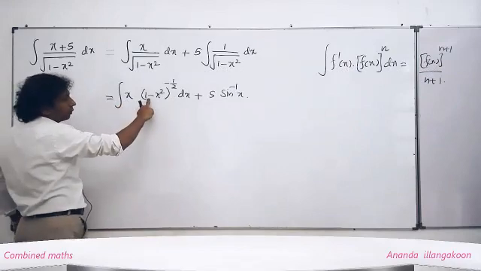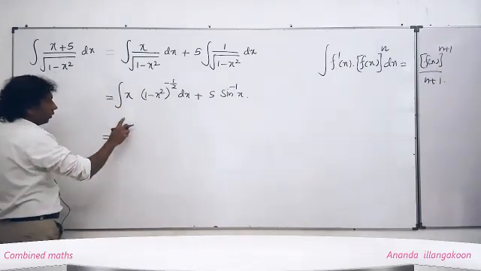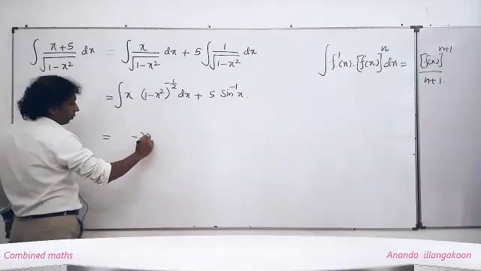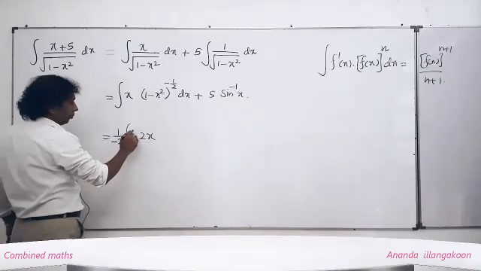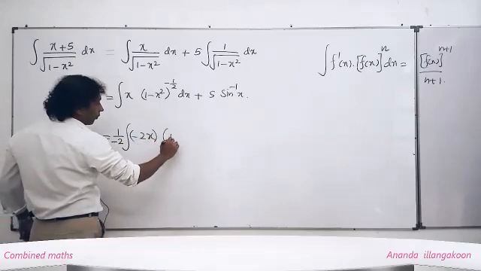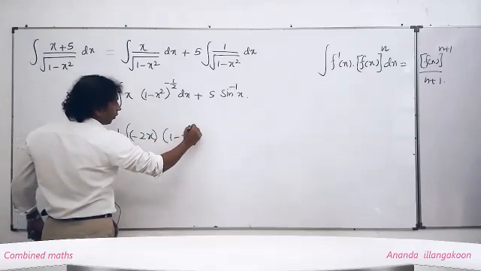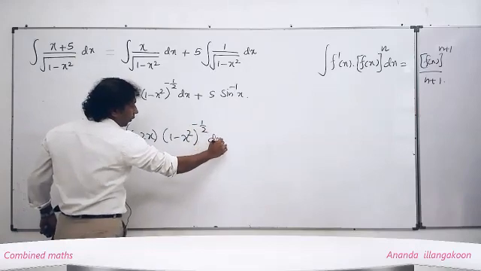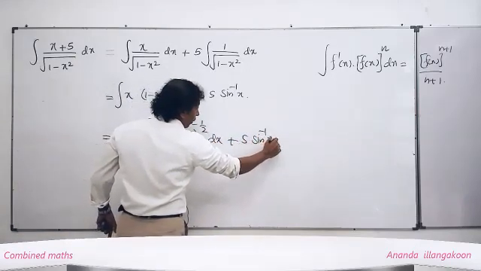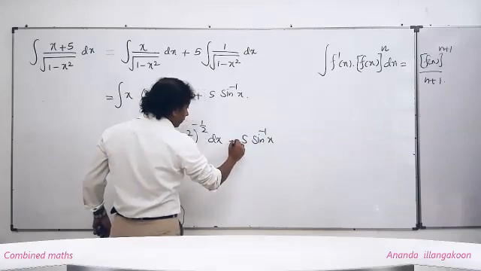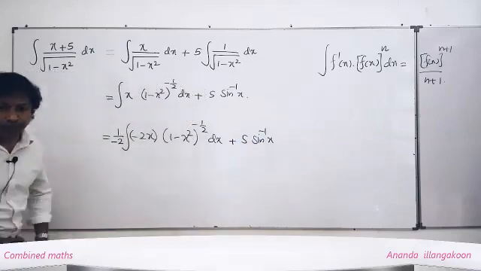The derivative is minus 2x. Then what I do is I multiply this by minus 2 and divide by minus 2, like this, dx, plus 5 sine inverse x.